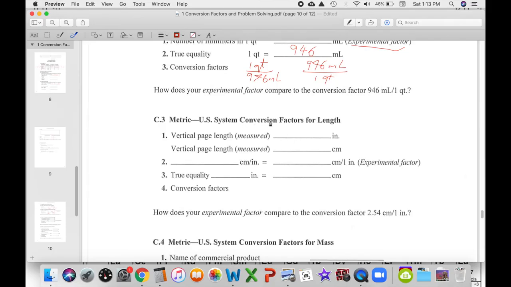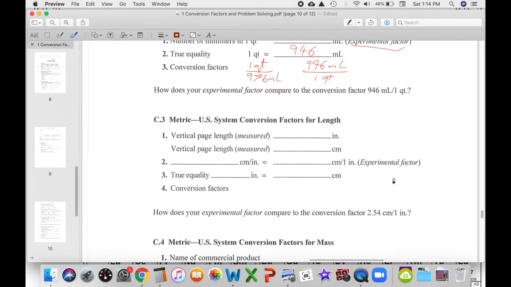You would be taking a piece of computer paper, just a regular sheet of white paper, and measure its length in inches using a ruler, and then measuring it in centimeters, and accordingly doing that comparison, using the experimental factor.